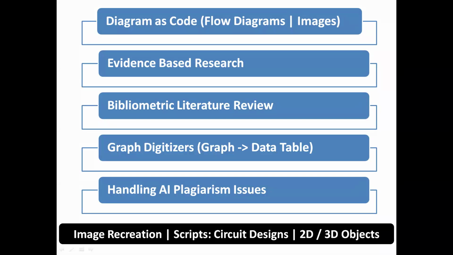Another part is bibliometric literature review, graph digitizers, how to generate a data table from a graph. Many times we see some graphs, some plots in research papers, and the corresponding table is not given.